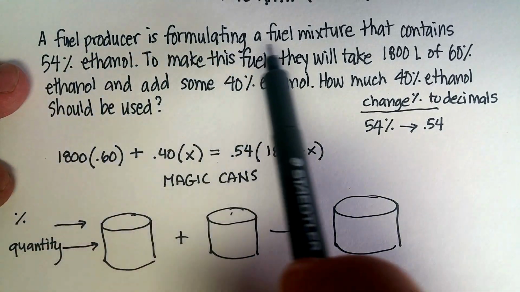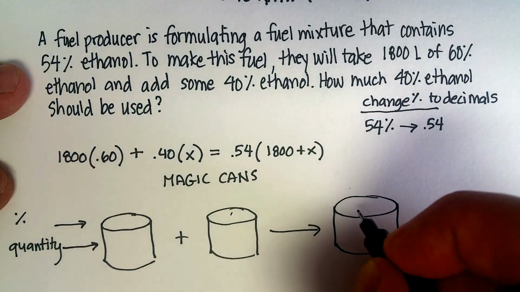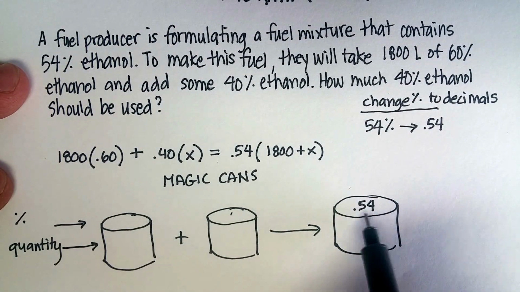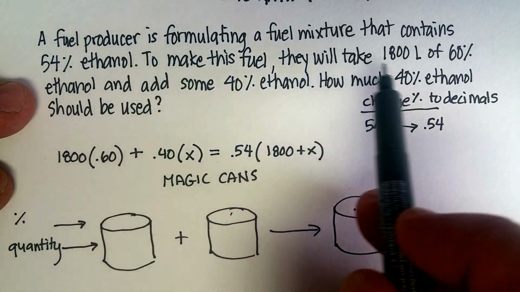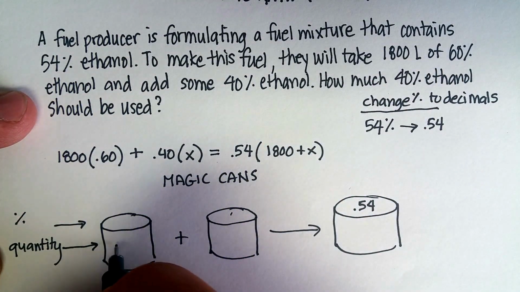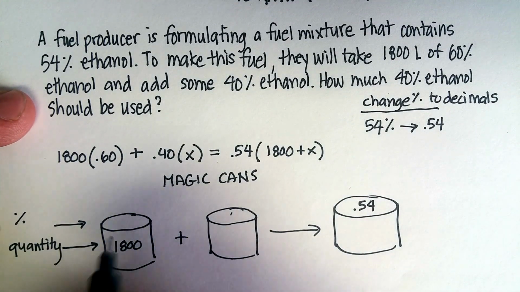A fuel producer is formulating a fuel mixture that contains 54% ethanol. So this is the places. The final product is going to be 54%. To make this fuel, they're going to take 1,800 liters of 60%. So I'm just going to put the quantity here, and it's 0.60.